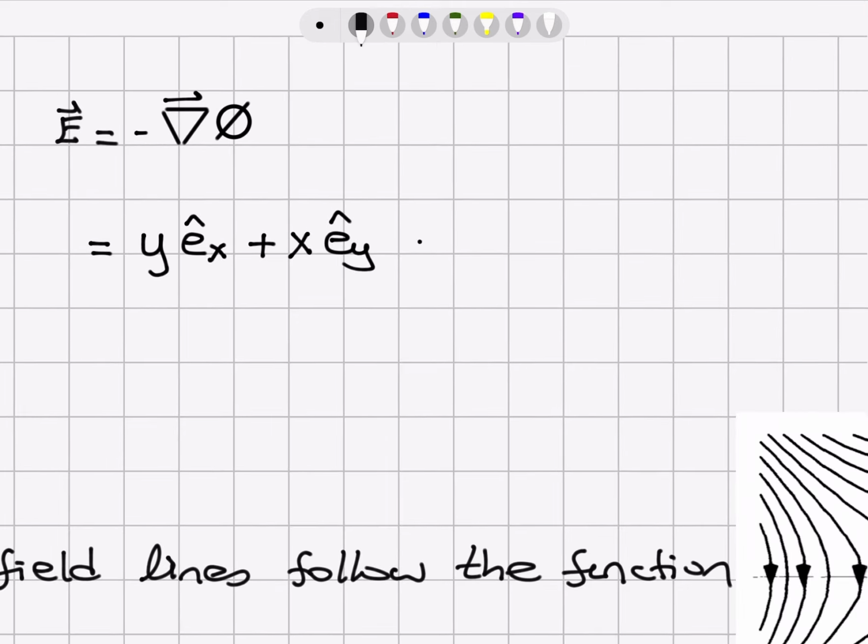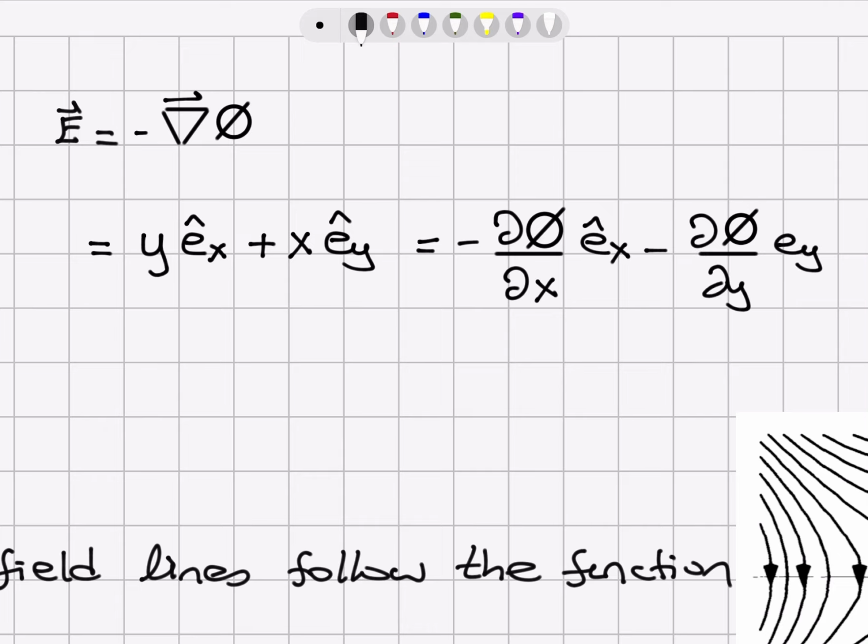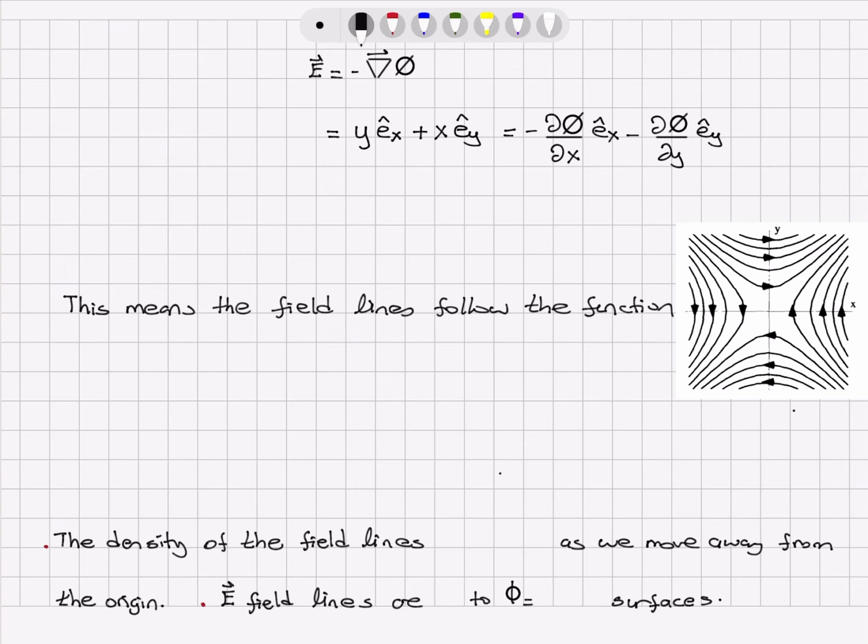So what I have done here is I've taken the partial derivative of the scalar field phi, which is my electric potential, with respect to x ex hat, and then minus the partial derivative of phi with respect to y ey hat. So that's how I calculate the electric field.